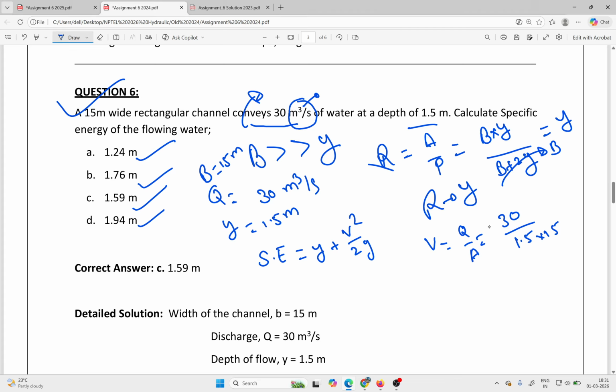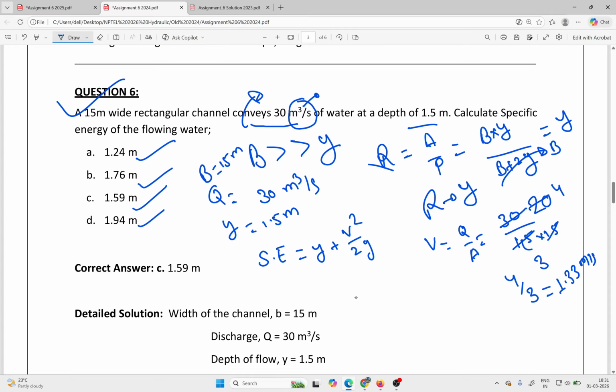So this is discharge by area. That is 30 by 22.5, so 4 by 3, which is 1.33 meter per second.